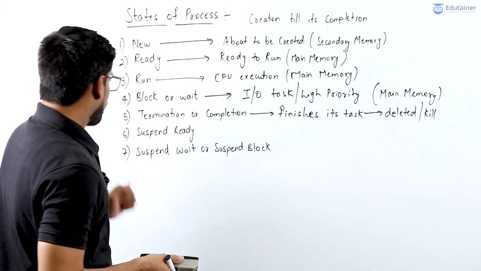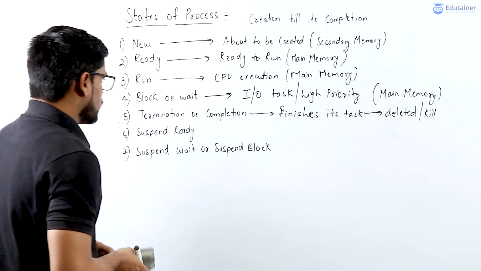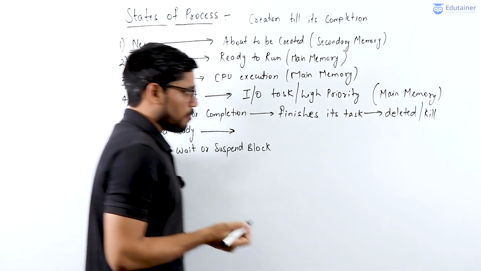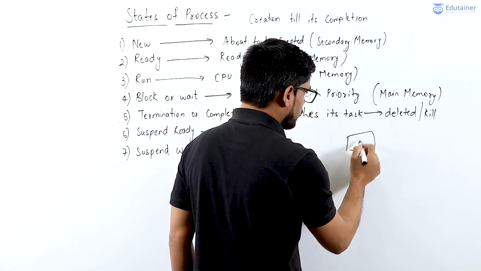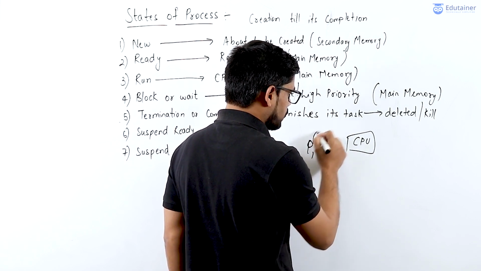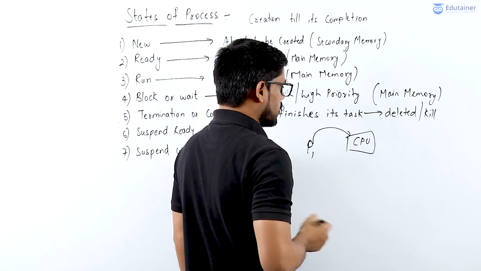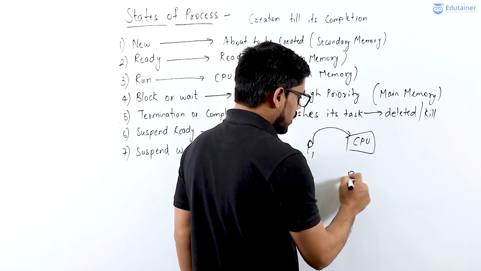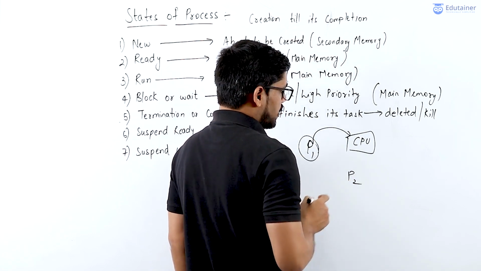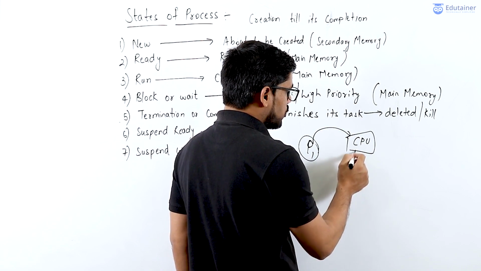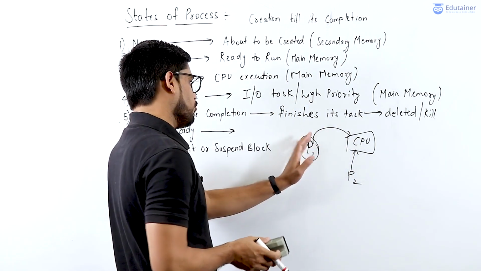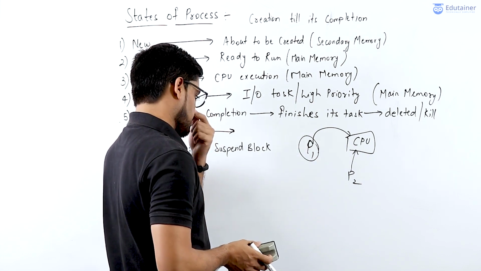Okay, now the sixth state is suspend ready. Suspend ready means, let's say a process P1 is picked by CPU 1, okay, and it executes its task. Suddenly a process P2 comes and its priority is high compared to process P1. Then definitely the CPU will pick process P2 and forcefully remove process P1 from the CPU.